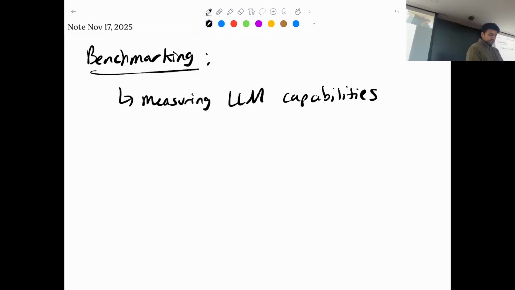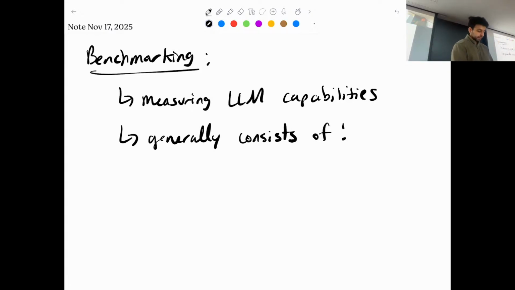So first, let's start with the definition of what goes into a benchmark. A benchmark generally consists of, I would say, roughly three things. One is data. In the most common case of a benchmark, this data is static.